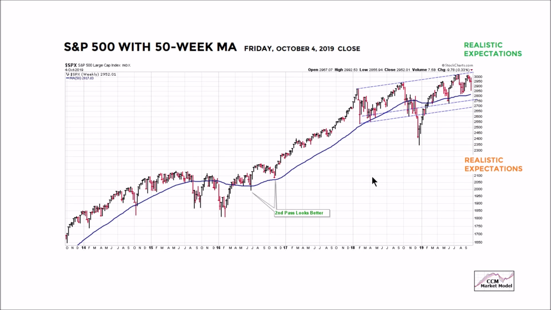Here's the same chart as of the close on Friday, October 4th. Price is still above an upward sloping 50-week moving average, and we're still basically in this trend channel, telling us until we get a clear resolution, we have to have an open mind about all outcomes.